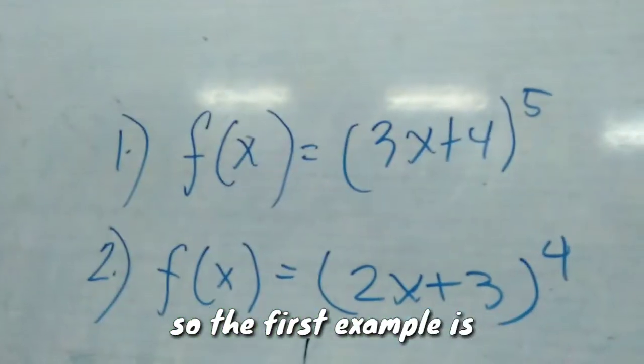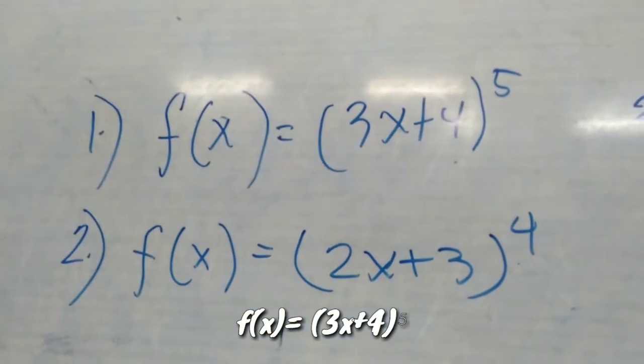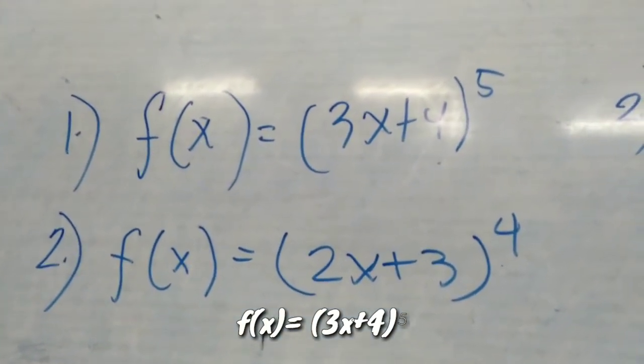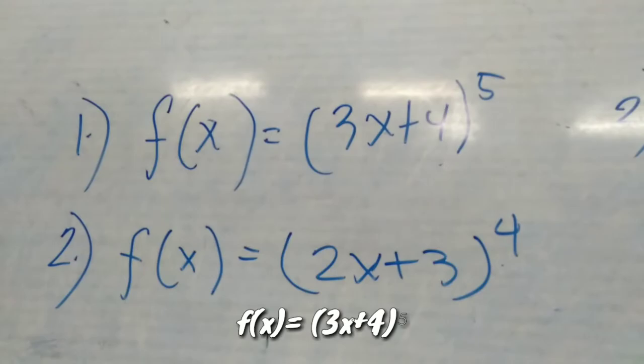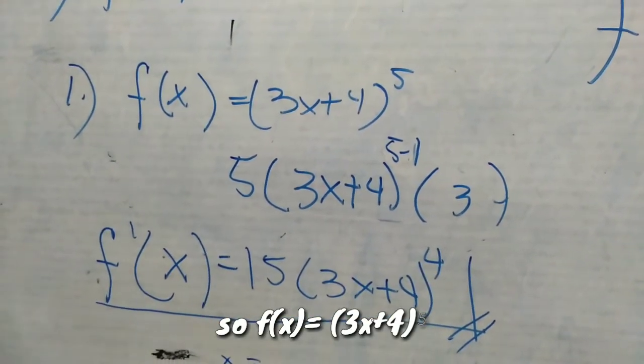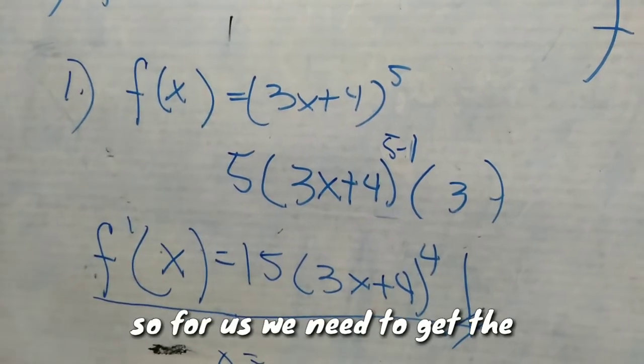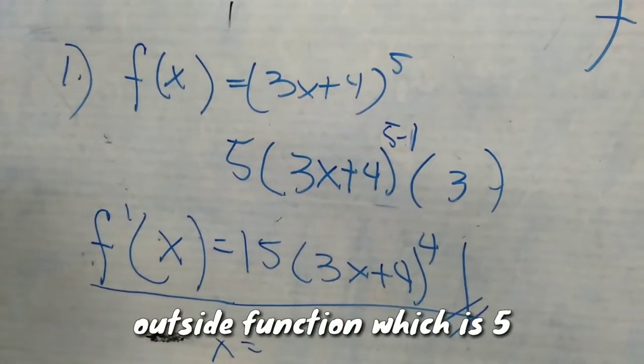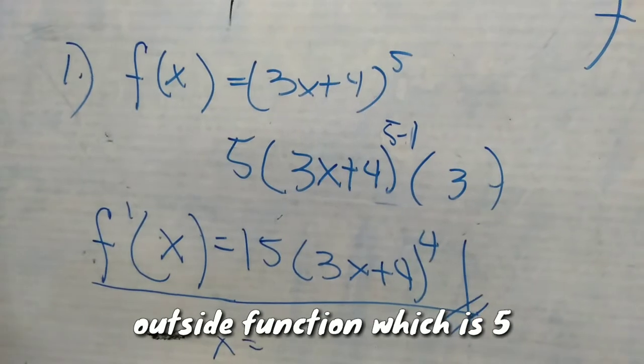So the first example is f of x is equal to the quantity of 3x plus 4 to the power of 5. First, we need to get the outside function, which is 5.